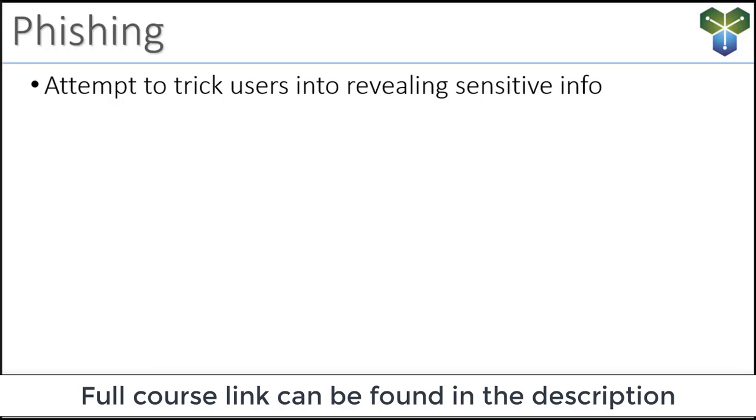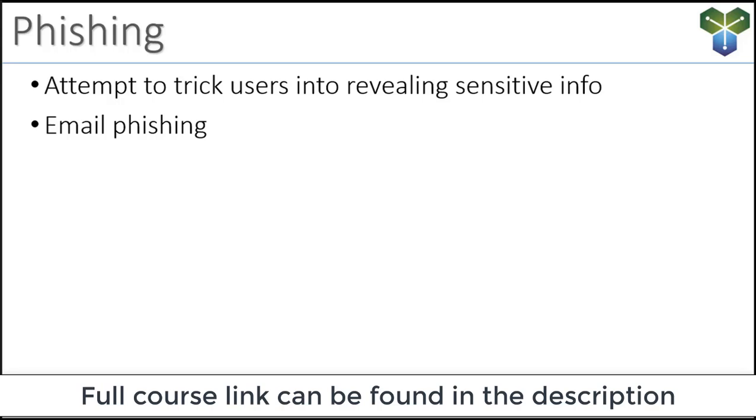Now, when we're talking about usernames and passwords, just bear in mind, if we were to use multi-factor authentication, these attacks become much less effective. But that's what a phishing attack is. So for example, with a phishing attack, an attacker will send an email or a message that looks legitimate.